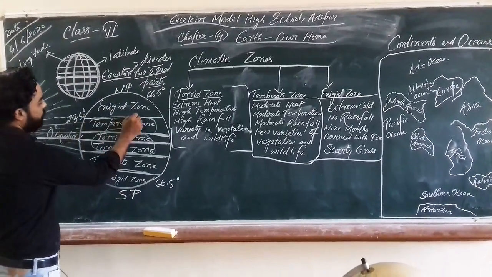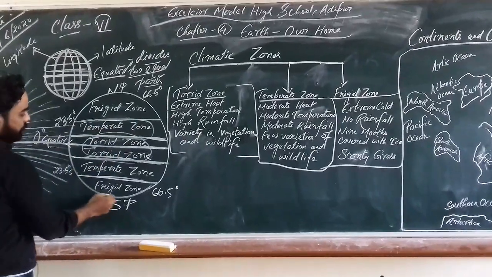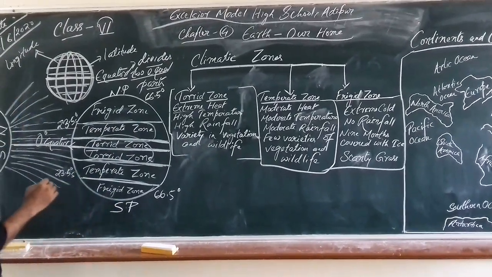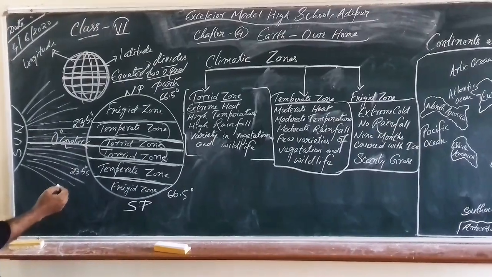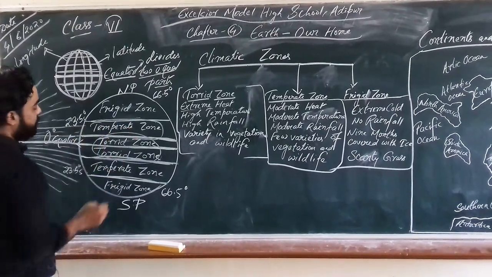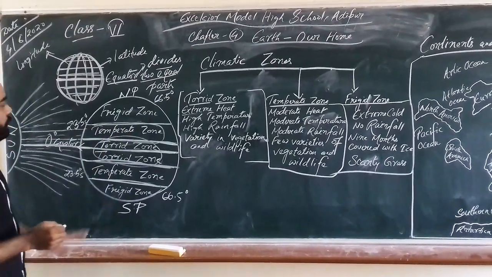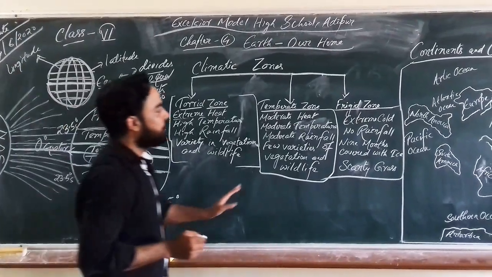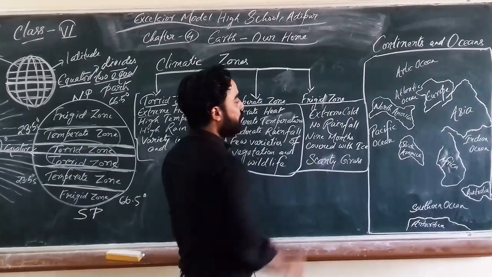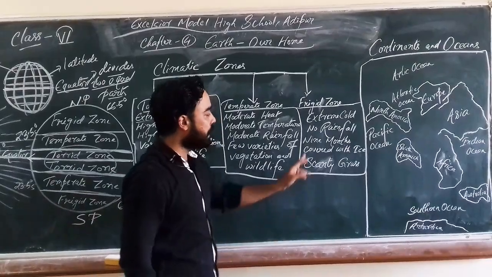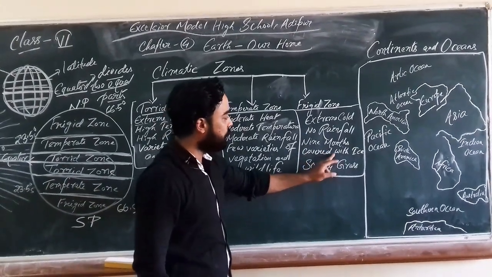Now, the last one, that is frigid zone. Here the amount of sunlight is very much less, and hence it is covered with ice 9 months of the year. So, this is frigid zone because there is extreme cold, no rainfall, and 9 months of the year it is covered with ice.